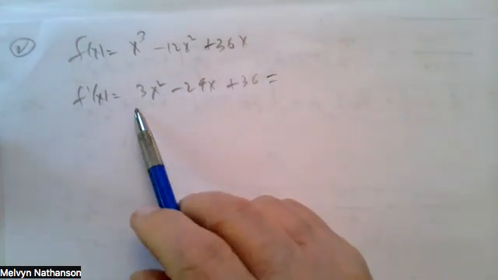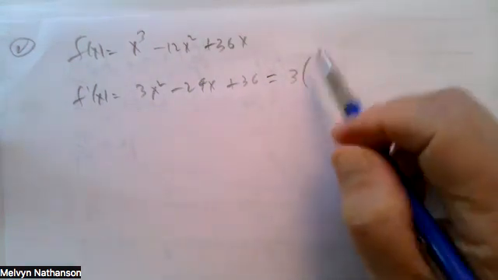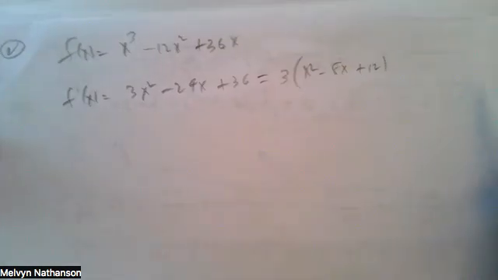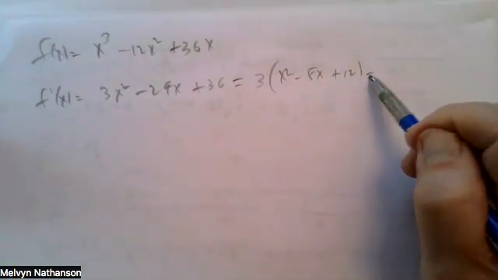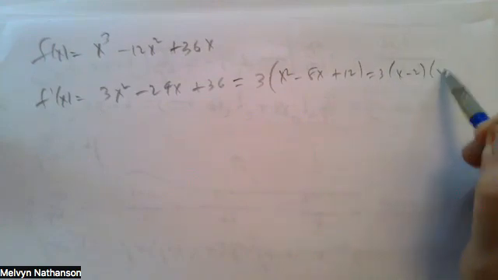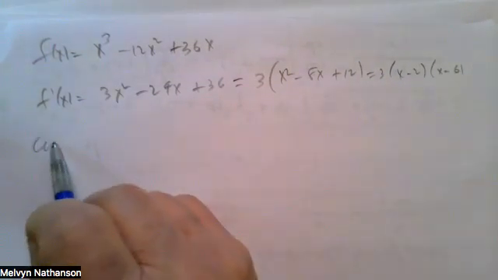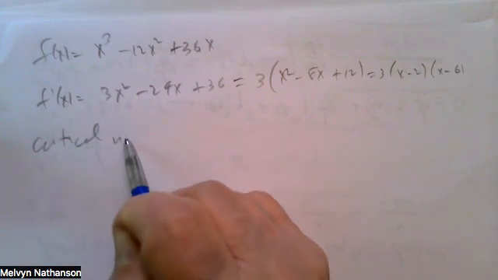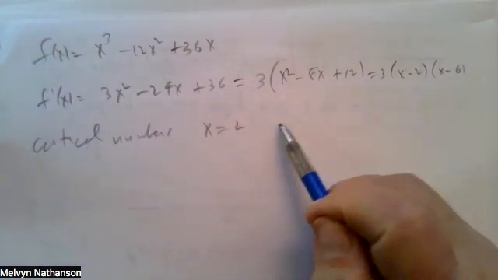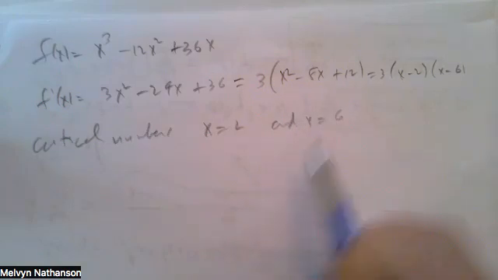We can simplify that a little bit by factoring out a 3, x squared minus 8x plus 12. And this factors. This is x minus 2, x minus 6. So the critical numbers are x equals 2 and x equals 6.